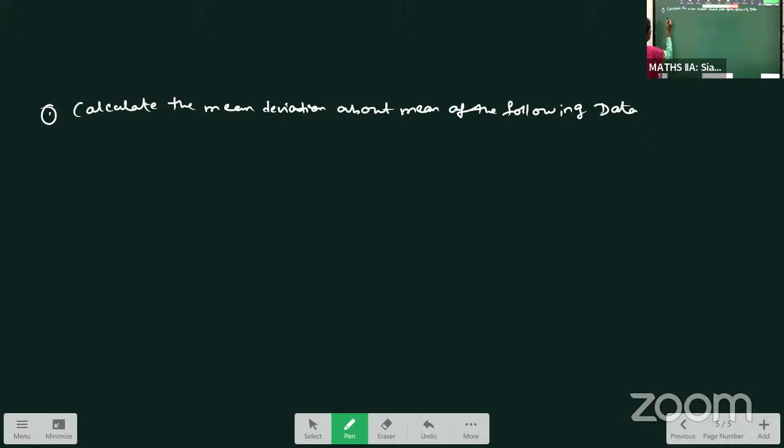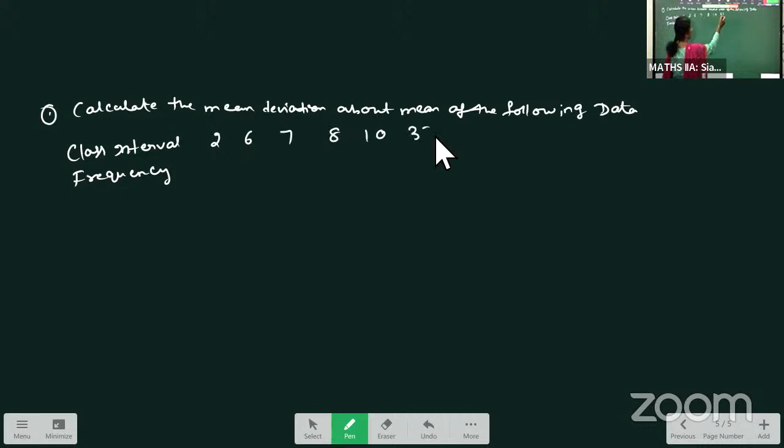First column, class interval, and second will be frequency. Under class interval, the values are 2, 6, 7, 8, 10 and 35.